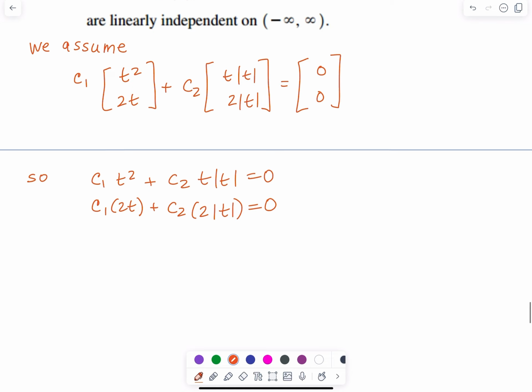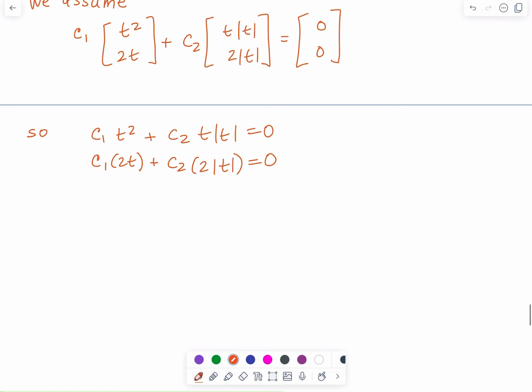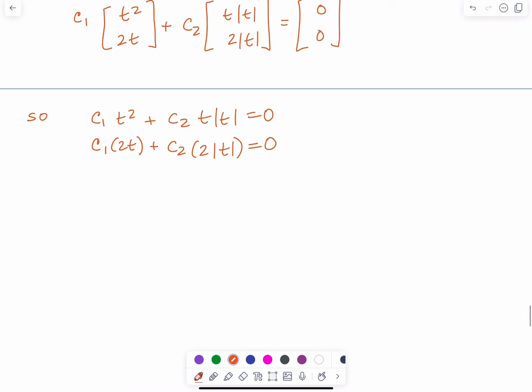However, if we let t equal to 1 and t equal to -1, we come up with C1 plus C2 equals 0, and then for t equal to -1, C1 minus C2 equals 0.